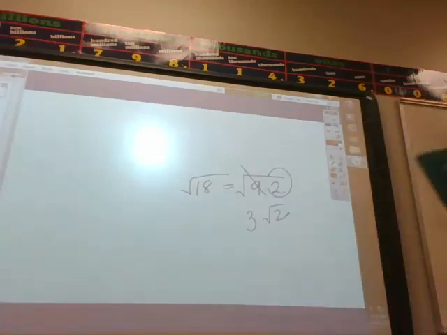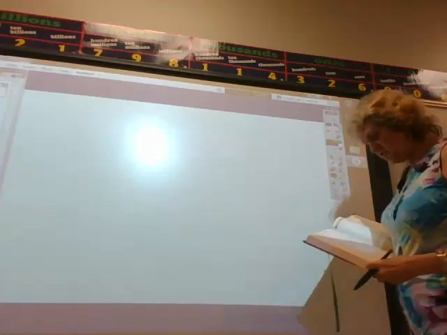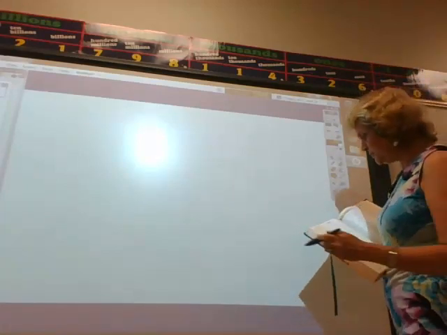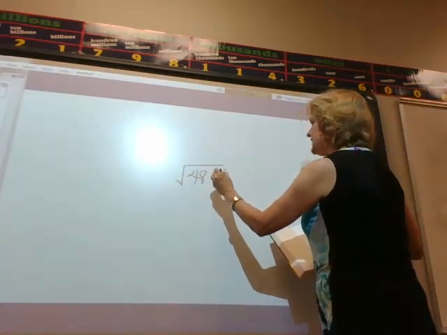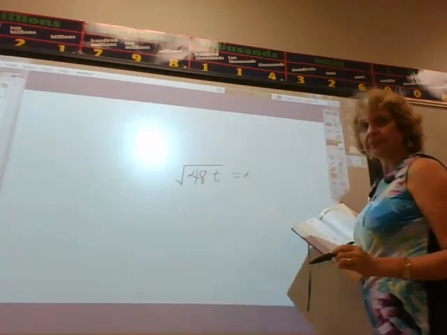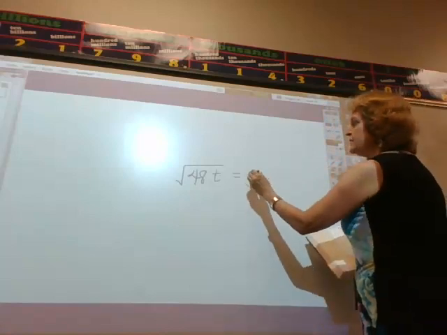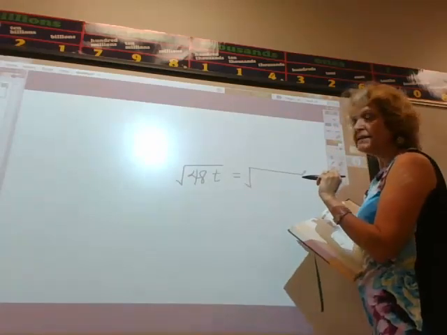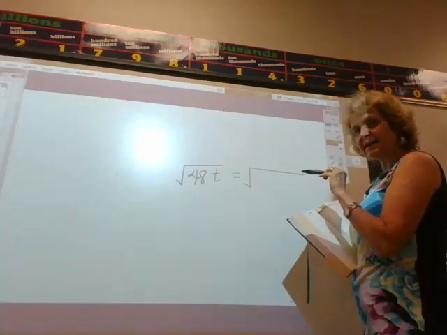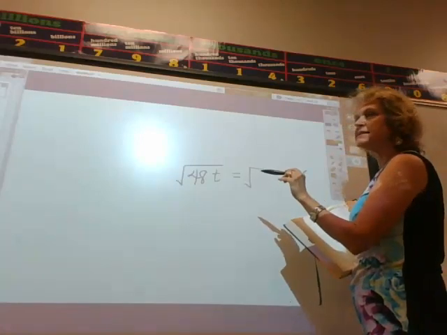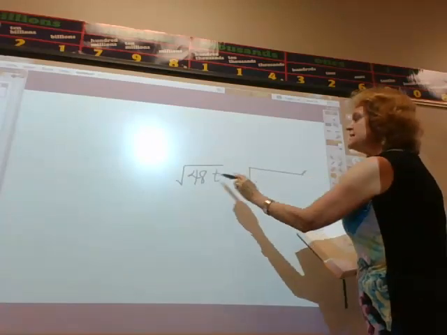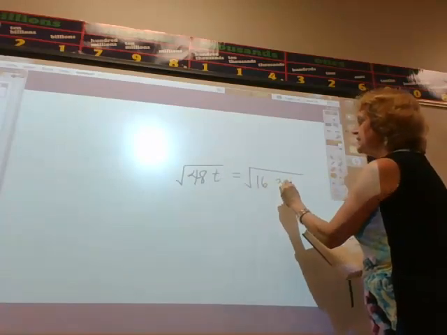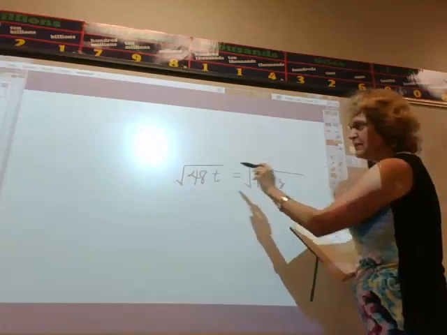All right, so then you have on example 2, the next page, I'm on page 492, you have radical 48t. Okay, well, does 48 have perfect square factors? Yes, it does. Now, it has 8 and 48 is 8 times 6, but that's not going to help me. That's not a perfect square. 16 times 3, that's the perfect square factor.